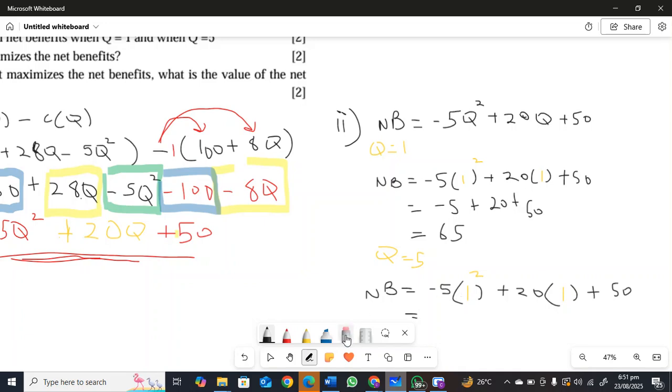Oh, not 1 squared. Where I put 1, it's supposed to be 5.